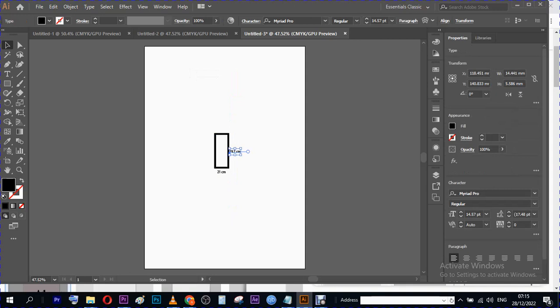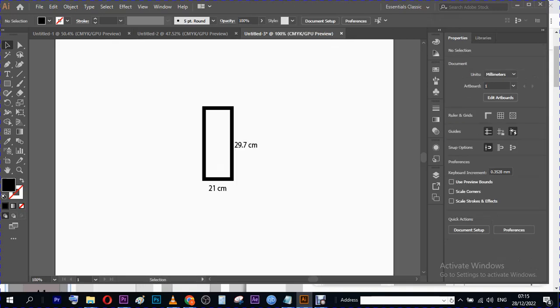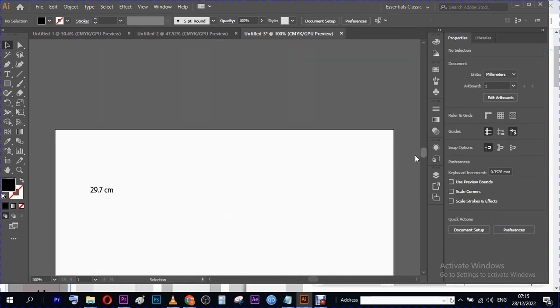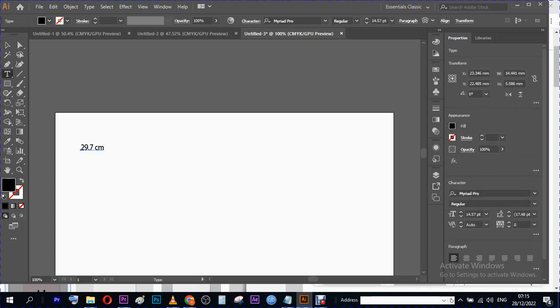Ctrl Z, then hold Alt, so it has been duplicated. Then Ctrl plus to scale it and bring it closer to our screen. So basically there are different paper sizes.